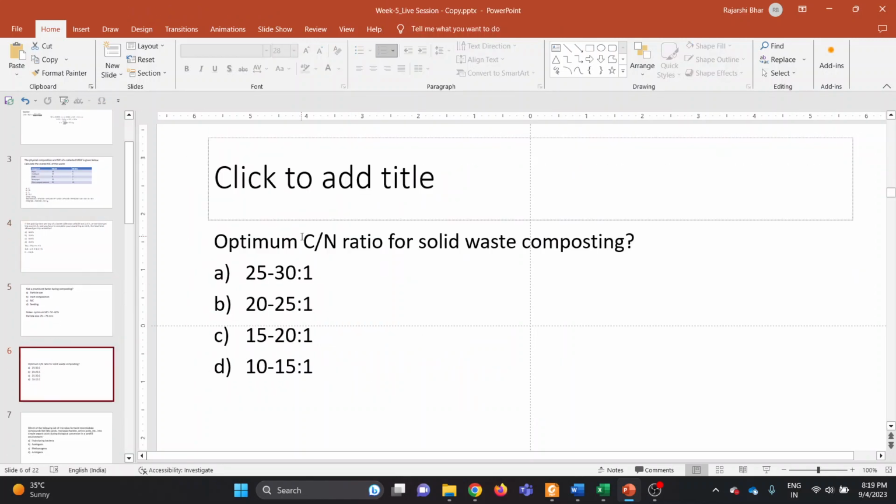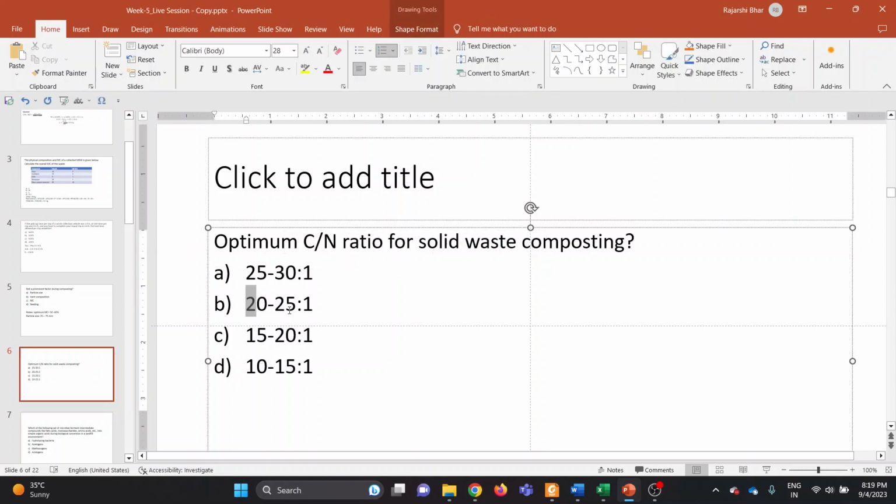So in the next question you have been asked what is the optimum C to N ratio for solid waste composting. The correct answer is 20 to 25 is to 1, that is carbon to nitrogen ratio.